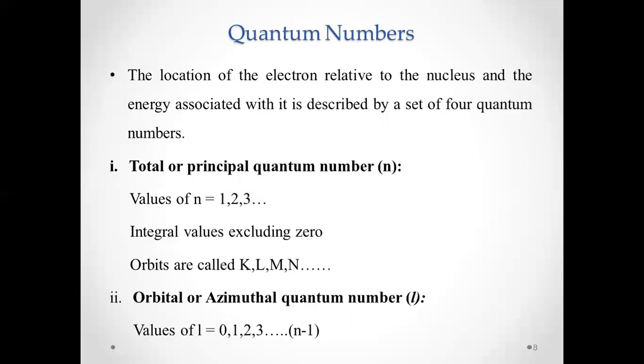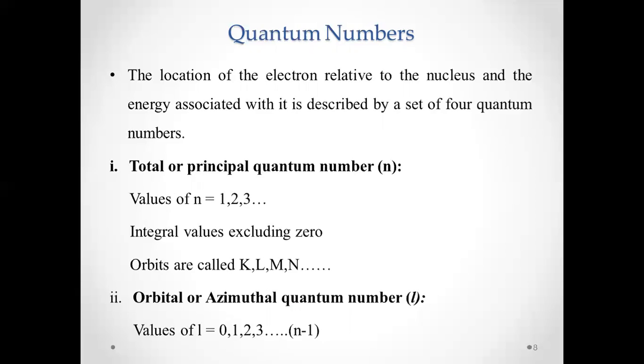Here, n can take integer values starting from 1 as 1, 2, 3, etc. Here, the integral values exclude 0. The corresponding orbits for n equal to 1, 2, 3 are called K, L, M, N, etc.